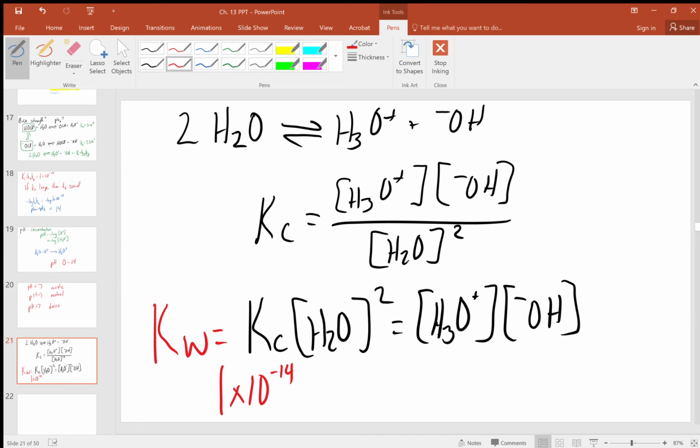So in other words, and this shouldn't surprise us, if the concentration of H3O plus is high, then the concentration of hydroxide will be low. And if the concentration of hydroxide is high, then the concentration of the acid is low. So these two are inversely proportional to each other.